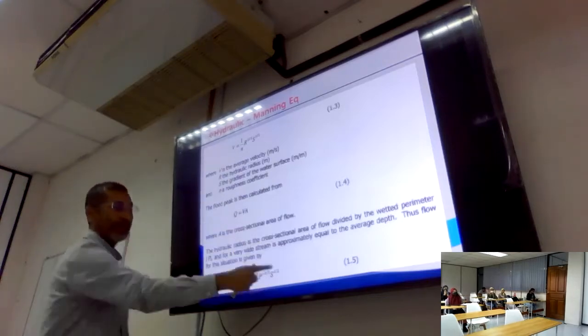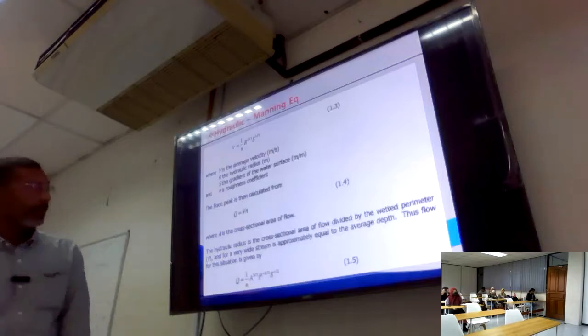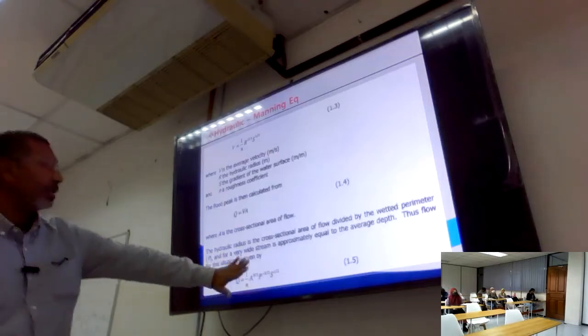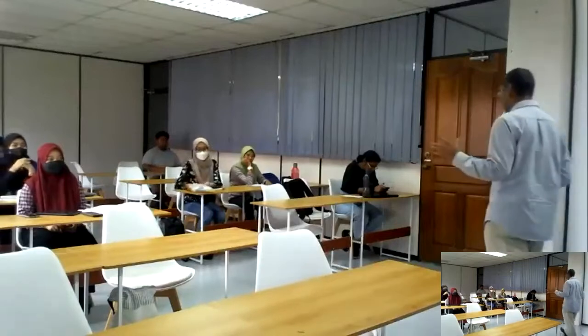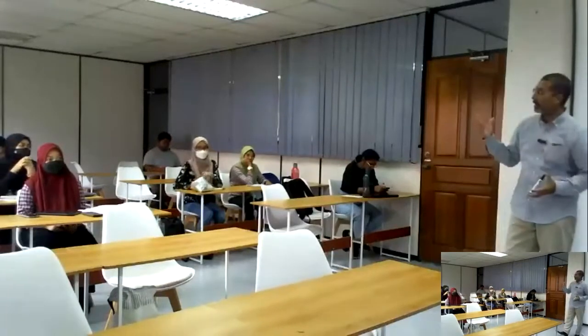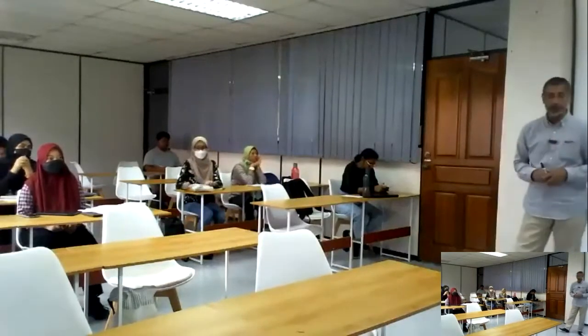So you can expand the formula like this. This is another formula. You can replace V by this, you can expand the formula straight away, in case you need to calculate the Q. But of course you can calculate the V first, and then you calculate the Q.